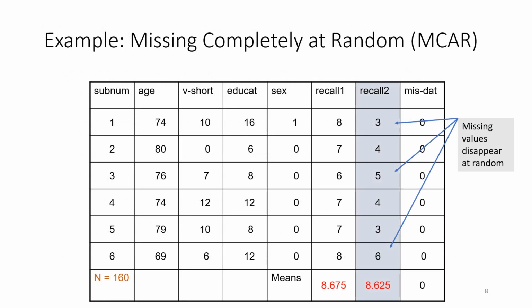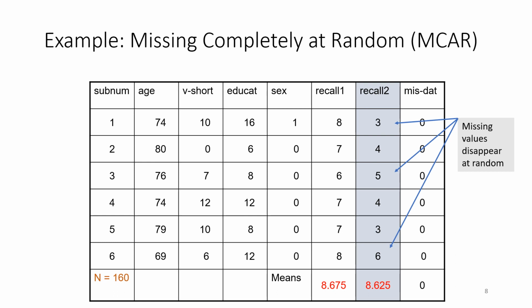In the next several slides, I will demonstrate the three different states of missingness: missing completely at random, missing at random, and missing not at random. In the next two slides, I demonstrate missing completely at random. Looking at this data set, we have 6 participants shown, but there are actually 160 participants in the data set.